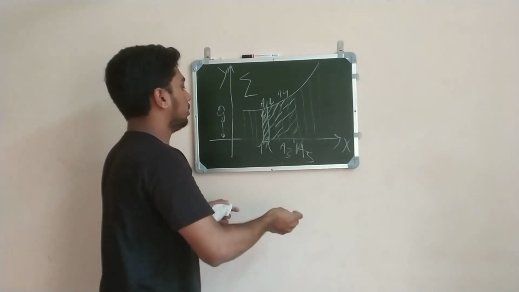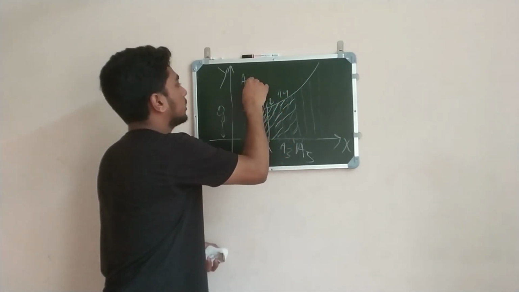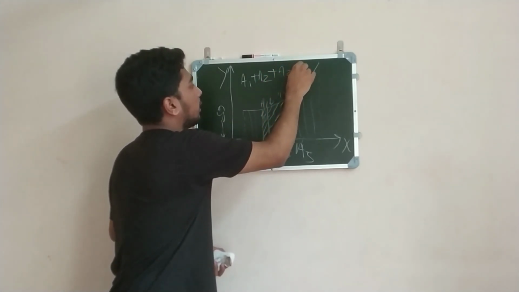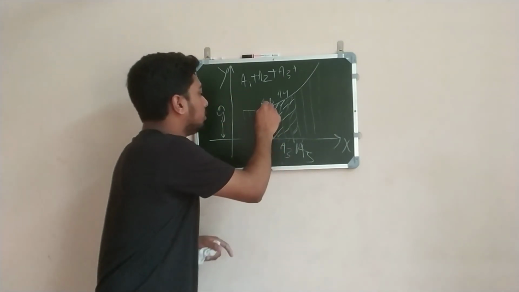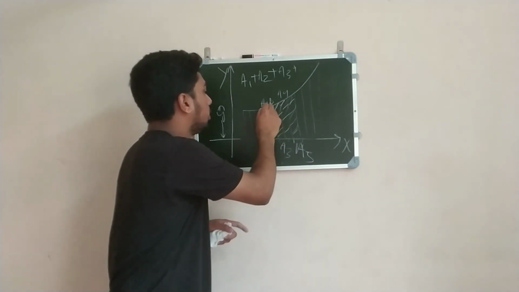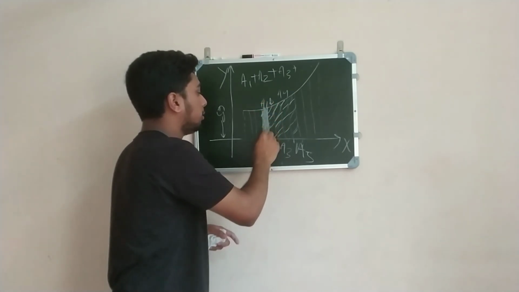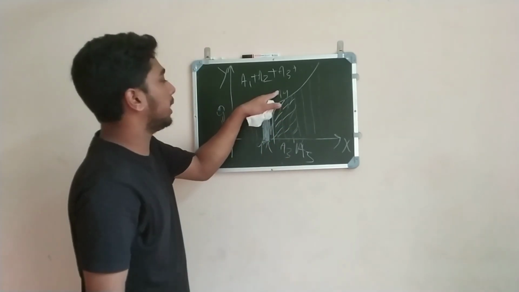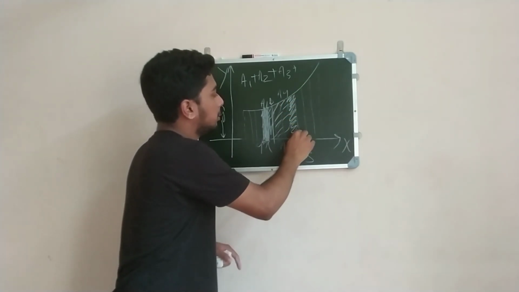It will be A1 plus A2 plus A3 plus so on. A1 is the area of this region under the curve, A2 is the area of this region, and A4 is the area of this region.